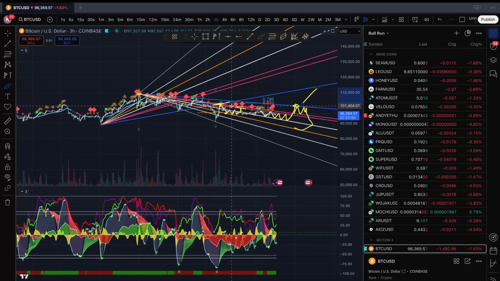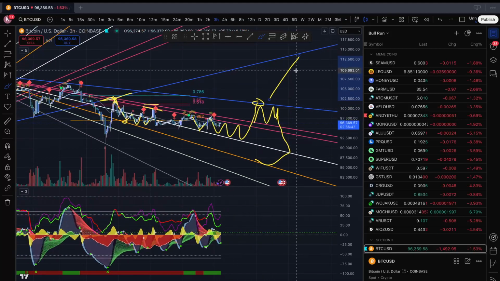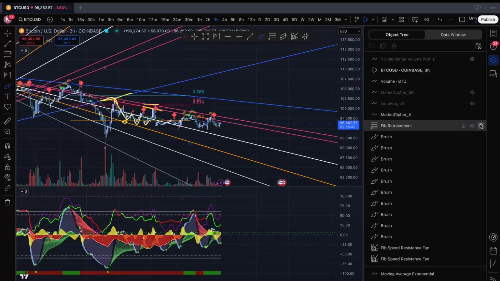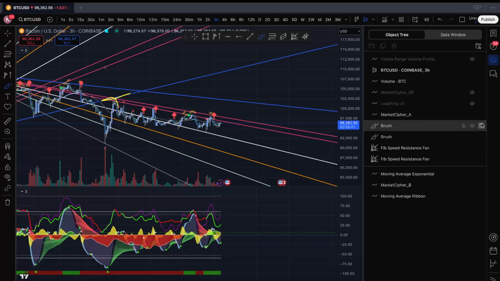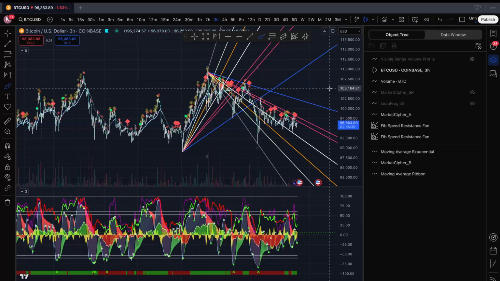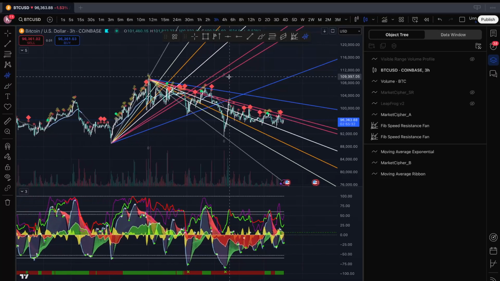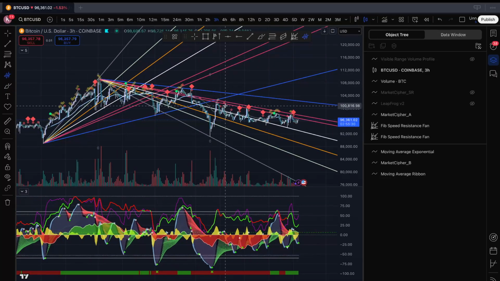The last thing I'll add on to that is, let me get rid of some of these brush tools real quick. The one main thing that I do use is the anchored VWAPs. I use those quite a bit because I do them from the price action, from extreme highs and lows.